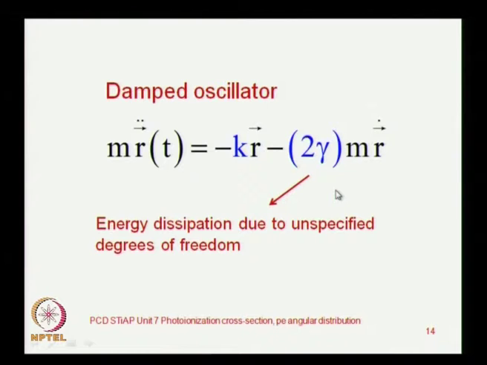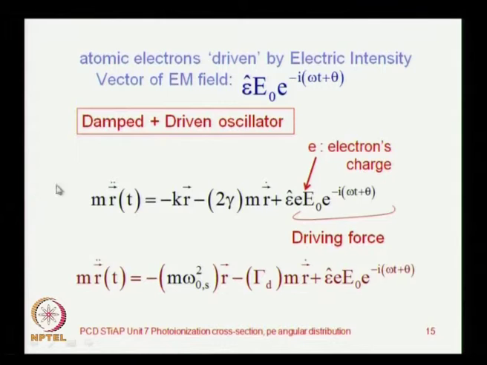So, this is the usual classical description of damping, and then you have this damped oscillator driven by this external field. So, you have this natural restoring force minus kr, there is this damping force, and then there is this driving force. So, this is the equation of motion of a damped driven classical oscillator. And this is the equation of motion which we need to solve, and you would have done this in your classical mechanics course or in electromagnetic theory.